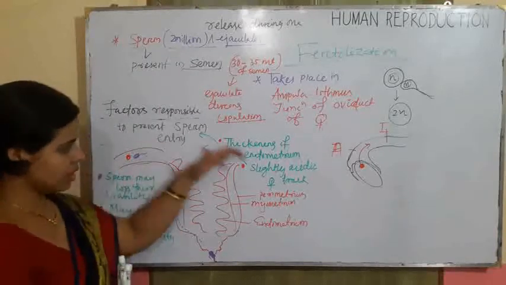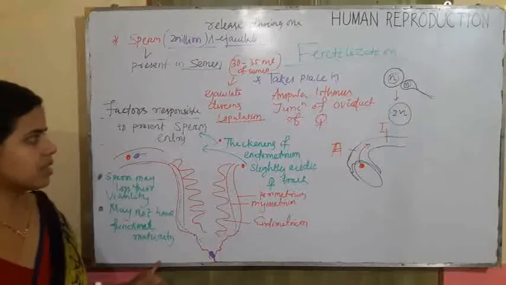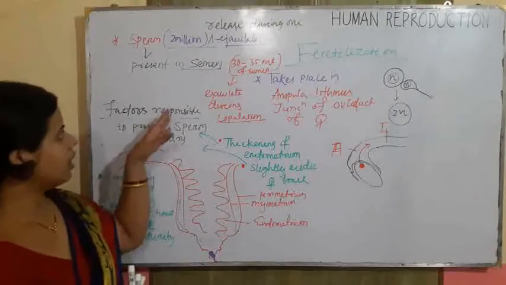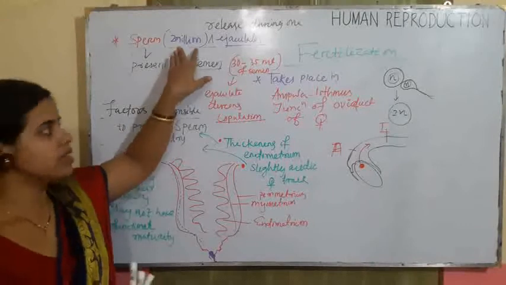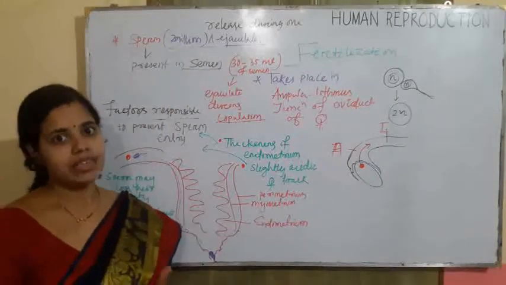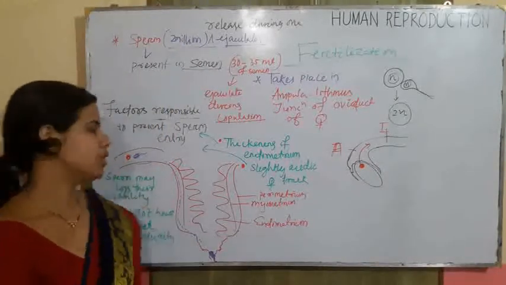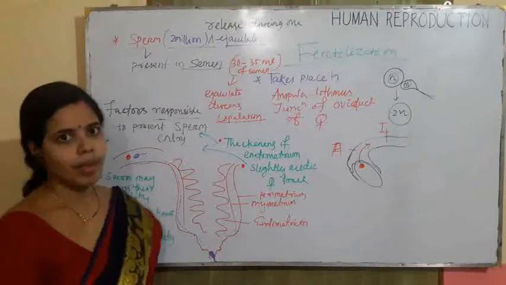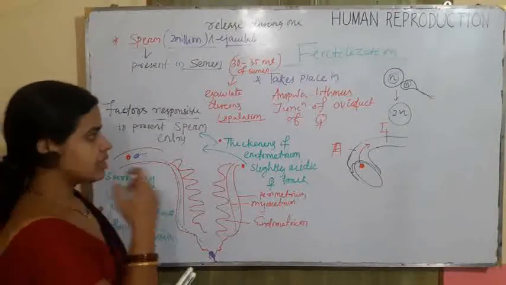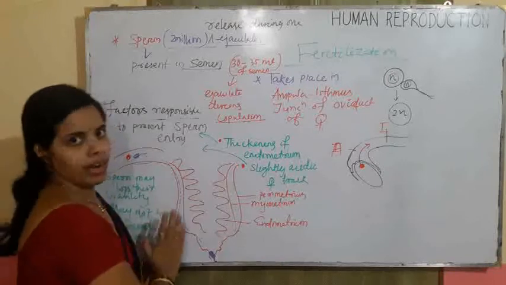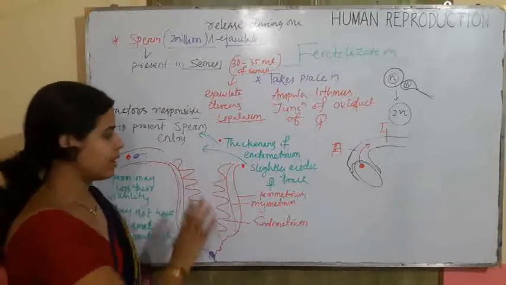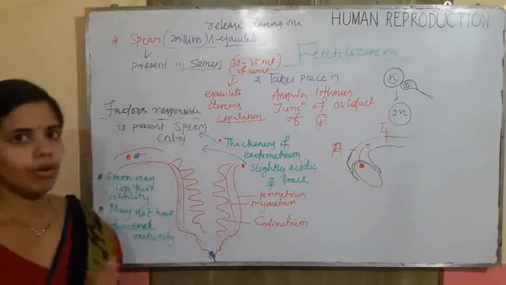So these are some of the reasons why, of the many sperms ejaculated, they will not reach, or will not be able to fertilize the ova. And this is a negative point, that sperms are not able to fuse with the ova.